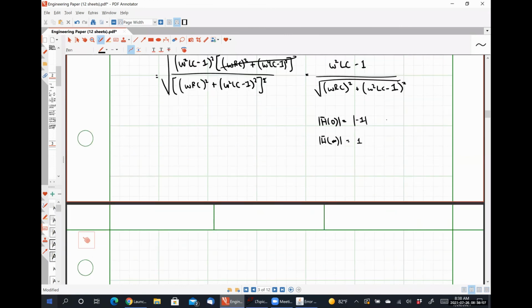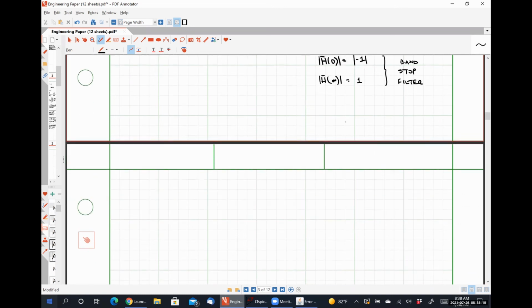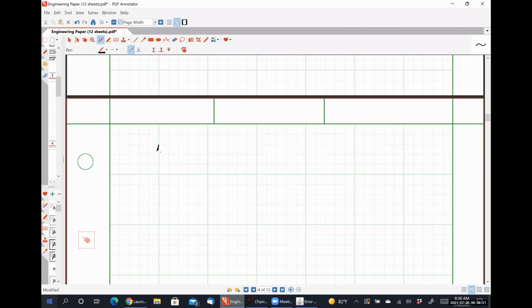So what this is, is a band stop filter, right? As a brief review of what we talked about on Thursday, a band stop filter looks something like this. Here is the absolute value of the frequency response.